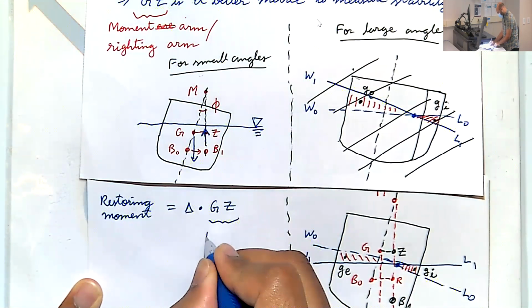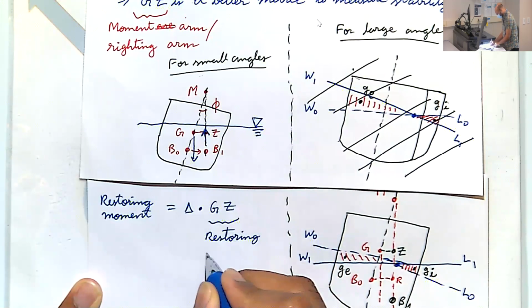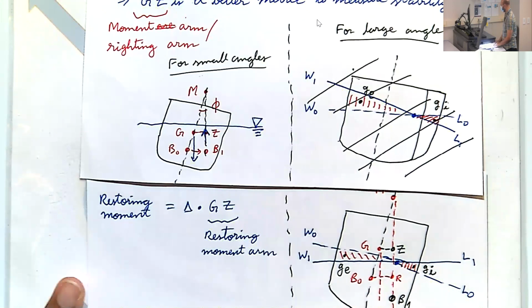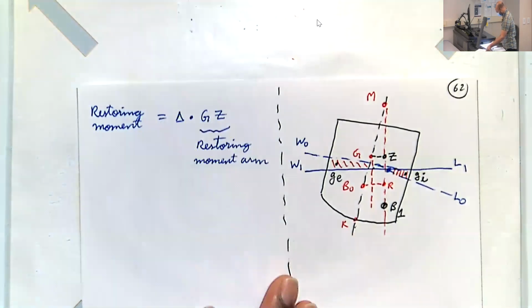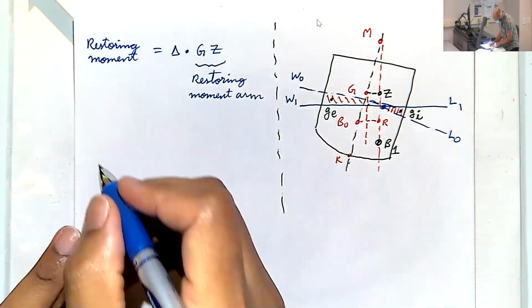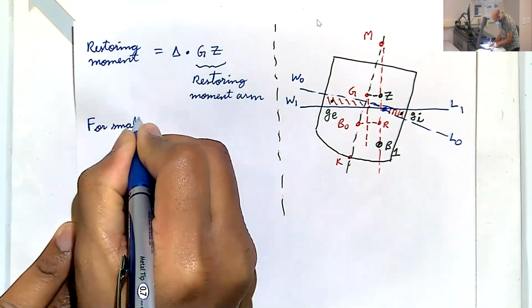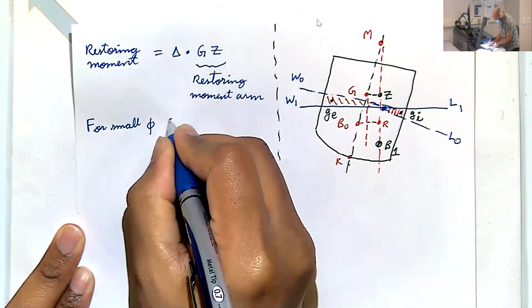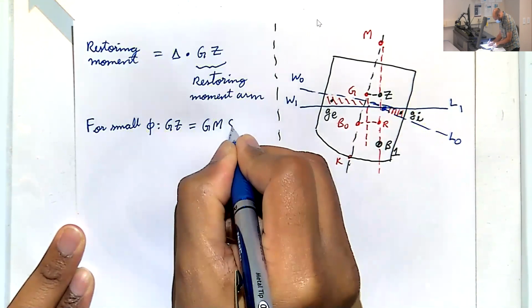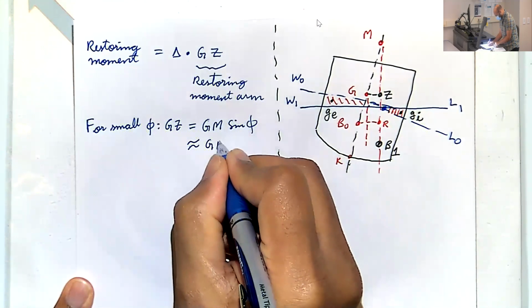This is the restoring moment arm. And for small angles, we know GZ is equal to GM sine phi, or GM times phi.